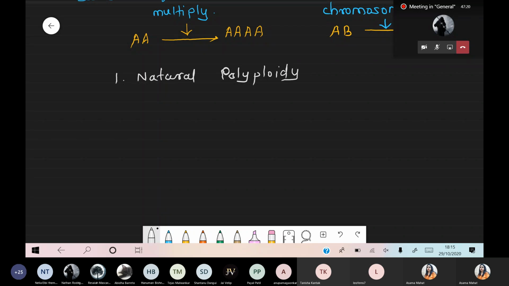And in case of natural polyploidy we are taking the wheat variety. So there is one very common question: origin of bread wheat. The wheat which is used for bread preparation. The name of that wheat species is Triticum aestivum.